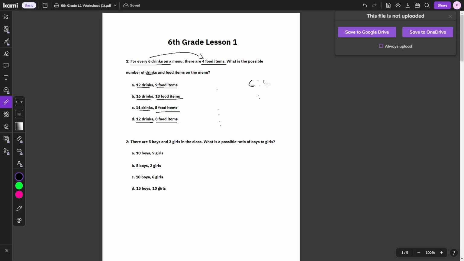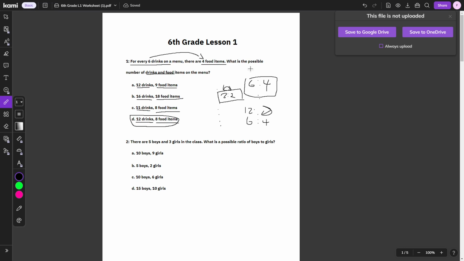But if I were to say answer D, let's say we have 12 drinks and 8 food items, and our base ratio of 6 to 4. 12 divided by 6 is 2, and 8 divided by 4 is also 2. Therefore, this is a valid answer. Why? Because the proportions on both sides are the same, or how much it increased by.